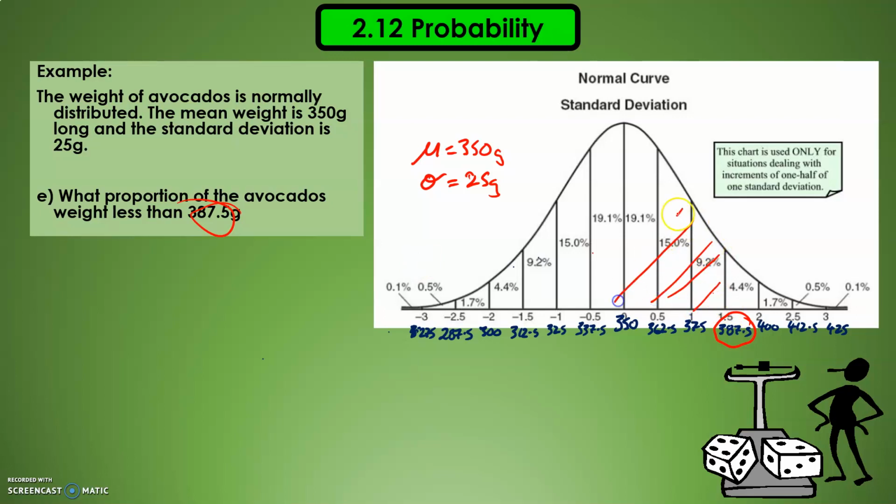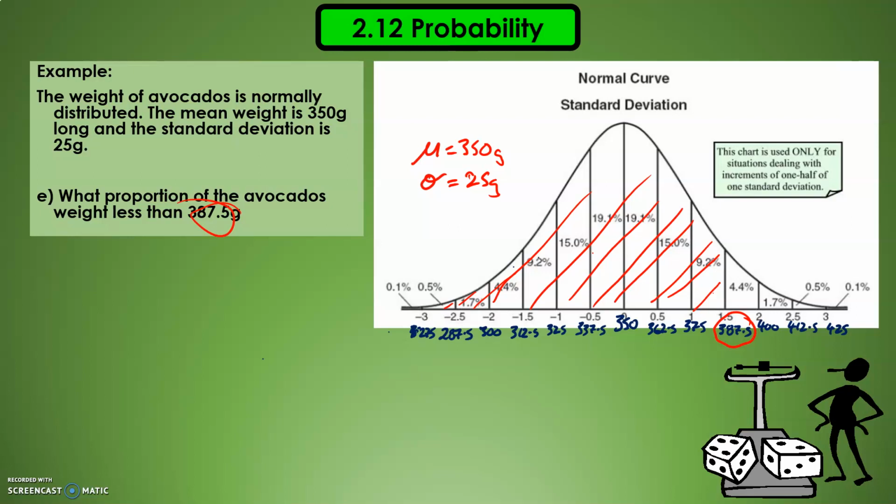With the question we are looking for 387.5, and you can see now I have 387.5. So I need all of this area. So luckily it fits in. 387.5 is 1.5 standard deviations above the mean. And so we've got a choice here.